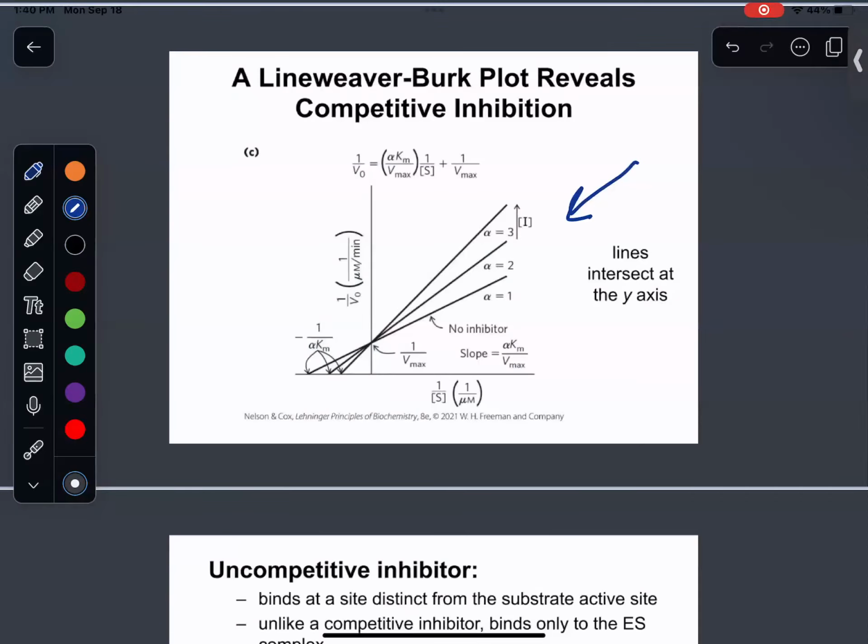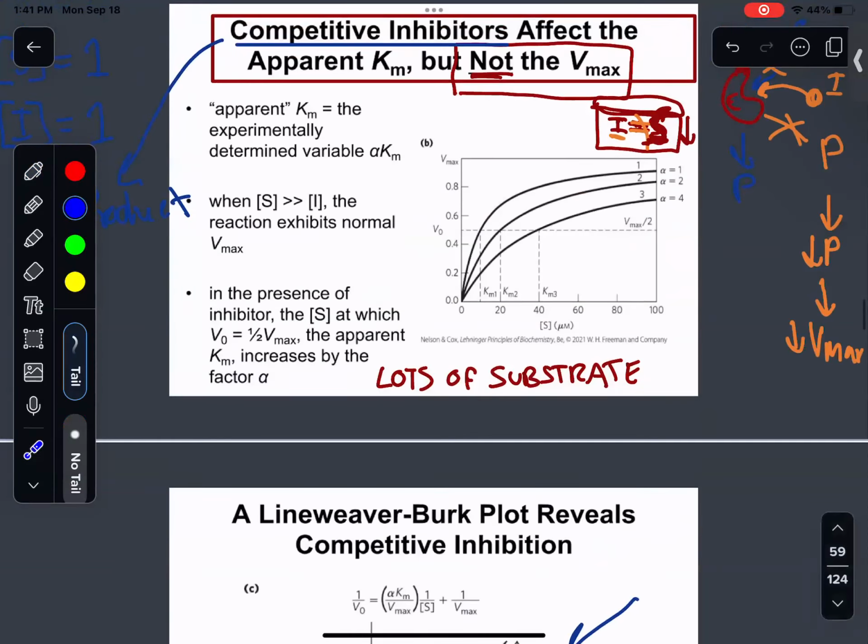Remember, the Lineweaver-Burke plot is nothing but a reflection of the Lineweaver-Burke equation, which is a double reciprocal of the Michaelis-Menten equation. Go ahead and review those earlier slides and you'll see there's an interconnection. This is just a linear way of representing these lines.